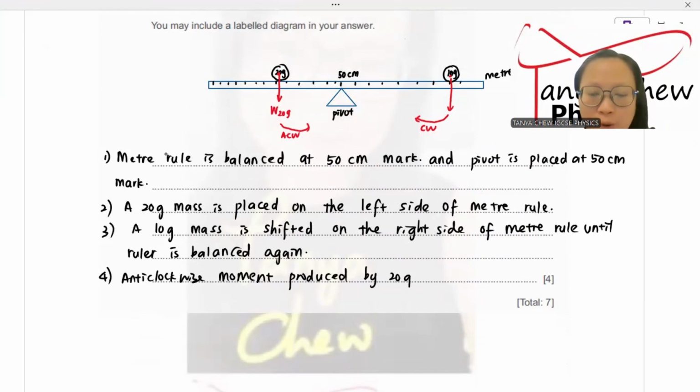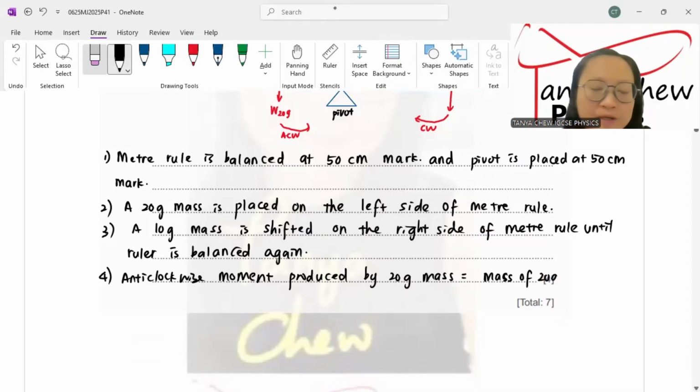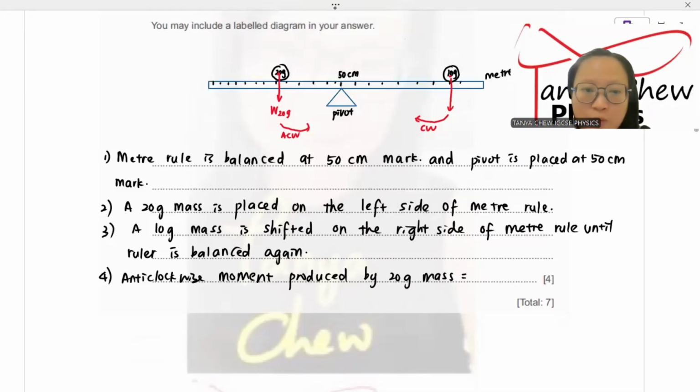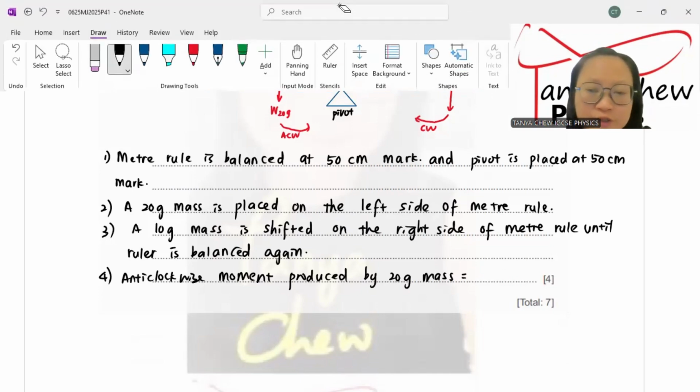by 20 gram mass equals... still remember how we calculate the moment? Force multiplied by perpendicular distance from the pivot. So force, that means weight of 20 gram mass. Or I just put 20 gram. Force is weight, right?